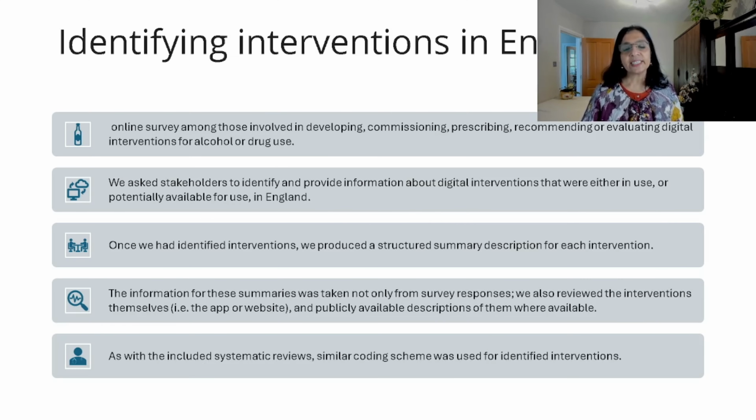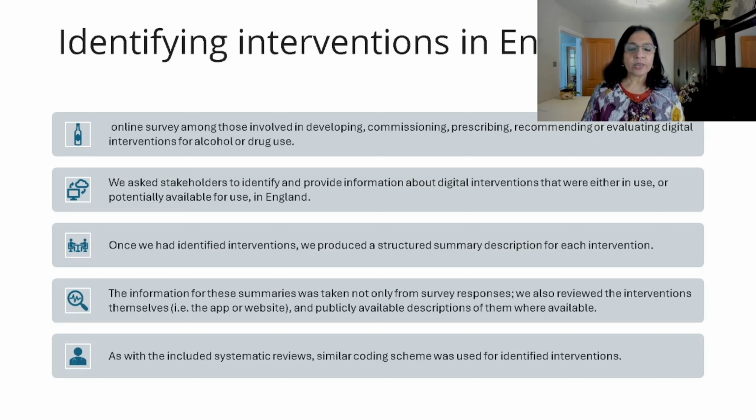The uniqueness of this work is how we identified the interventions in the local context. We conducted an online survey among stakeholders who are involved in developing, commissioning, prescribing, recommending and evaluating digital interventions for alcohol or drug use in England.